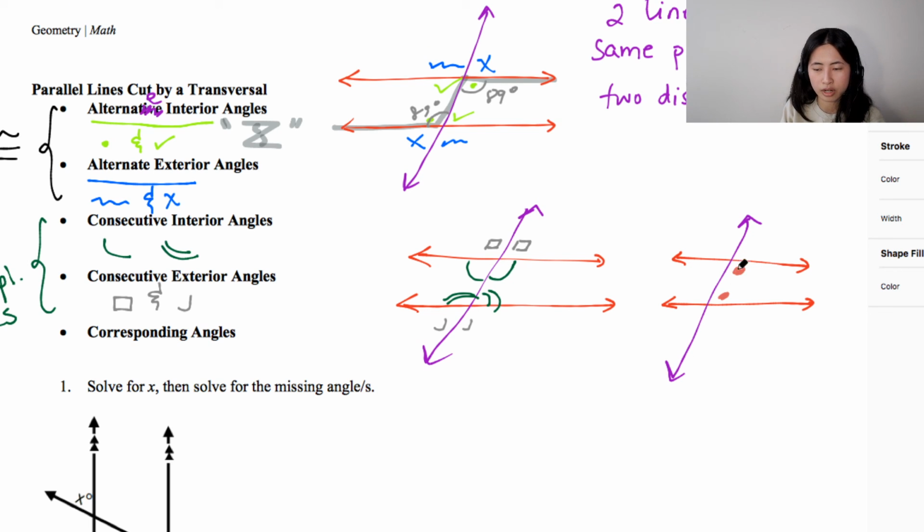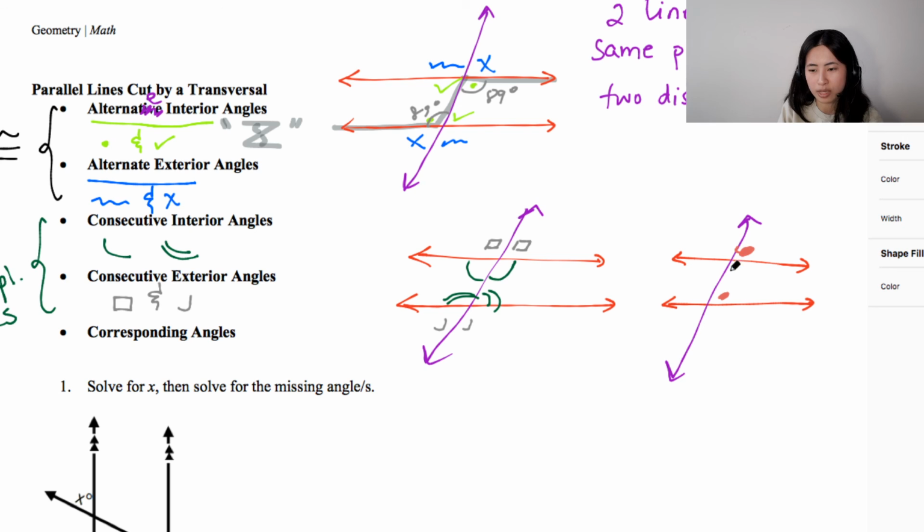However, what if one of them is actually exterior, say for example somewhere here? That means they're still going to be corresponding, because if you think about the transversal line, it's only on one side of the transversal, which is the right hand side. So that's what it means when something is corresponding. It needs to be only on one position of your transversal line.